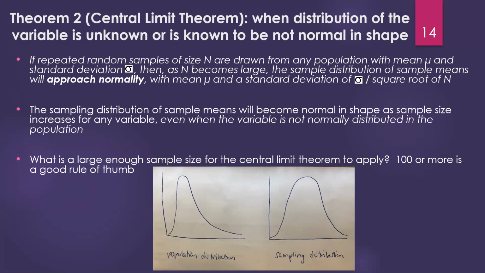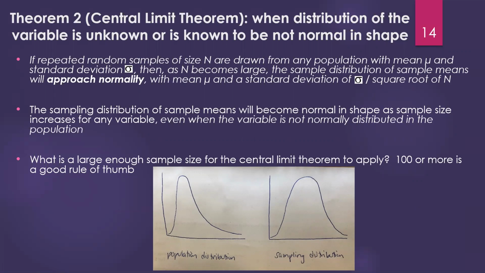What the central limit theorem finds, though, is that if we take enough different Epsom samples, no matter what the population distribution looks like, the sampling distribution will always be normal.